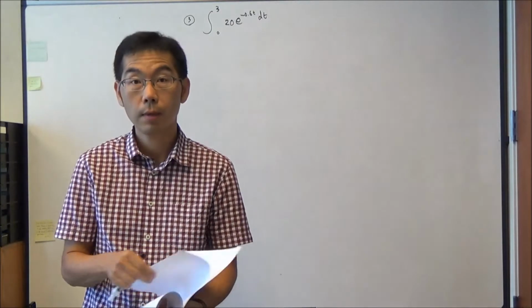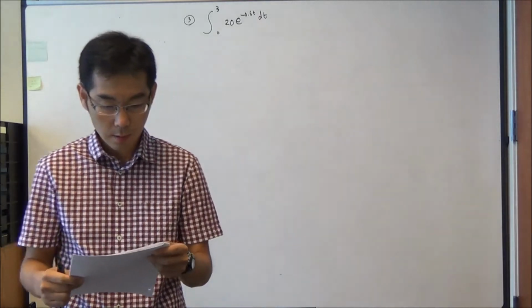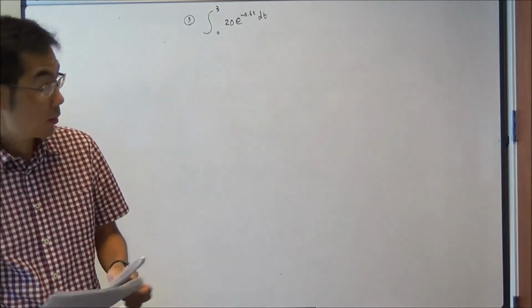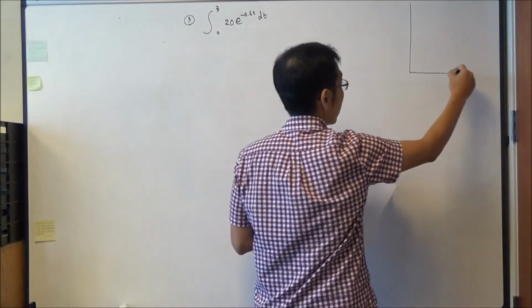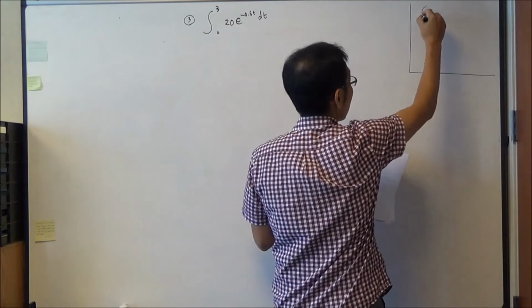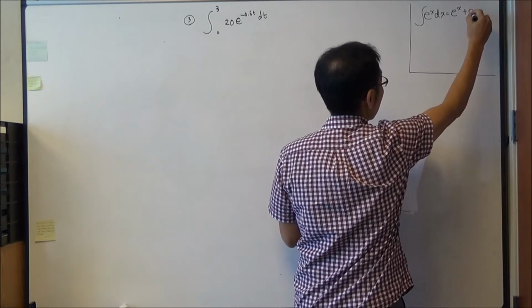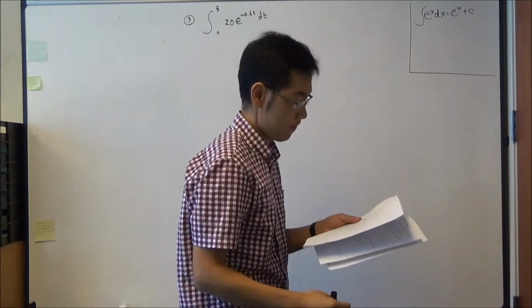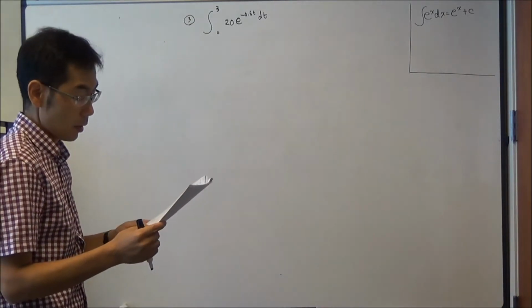I already talked about the very basic formula in the course. Let me just write down the formula here. The exponential integral is just the integral of the constant. So let's just apply that one here.